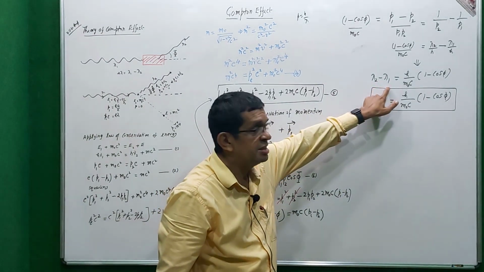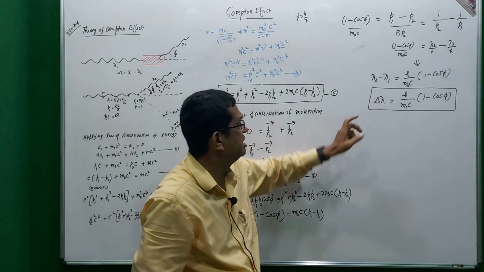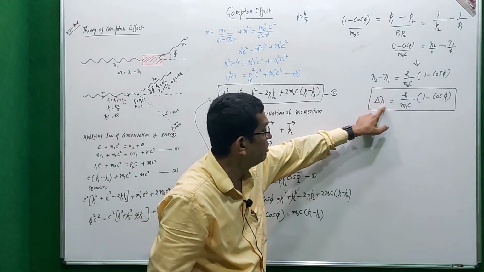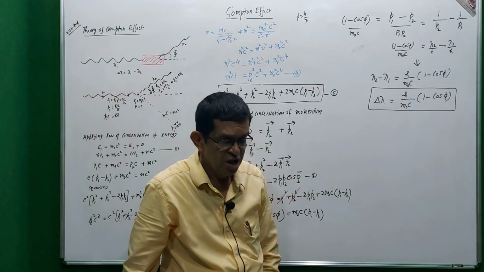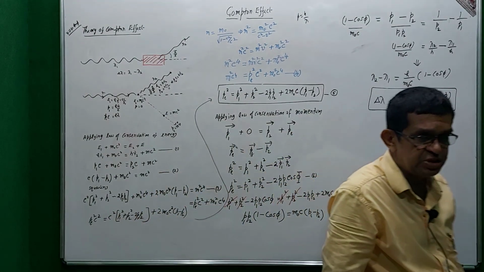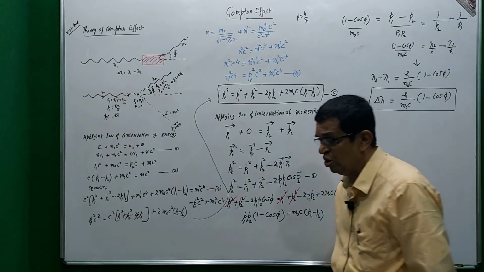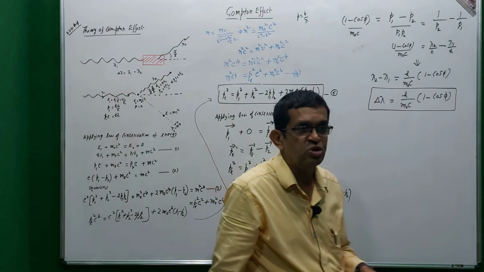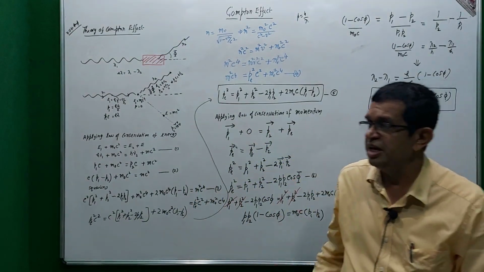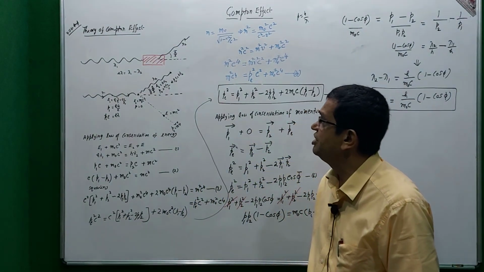Lambda 2 minus lambda 1 is the small change in the wavelength, given by delta lambda equal to h by m naught c into 1 minus cos phi. This equation gives us the whole idea regarding how, during the collision between the photon and the electron, the wavelength of the incident radiation changes.